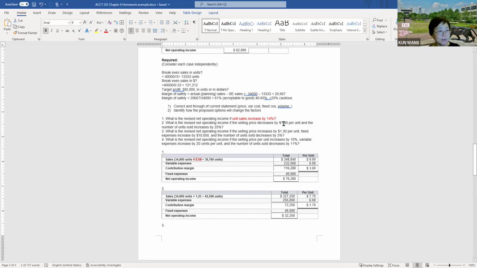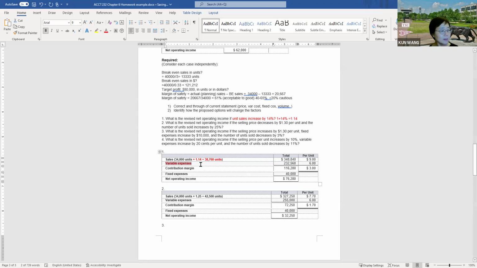So 1 plus 14%. Then using this new sales volume multiplied by the pricing, $9, we got the new sales revenue. Then the critical thing, variable expense.